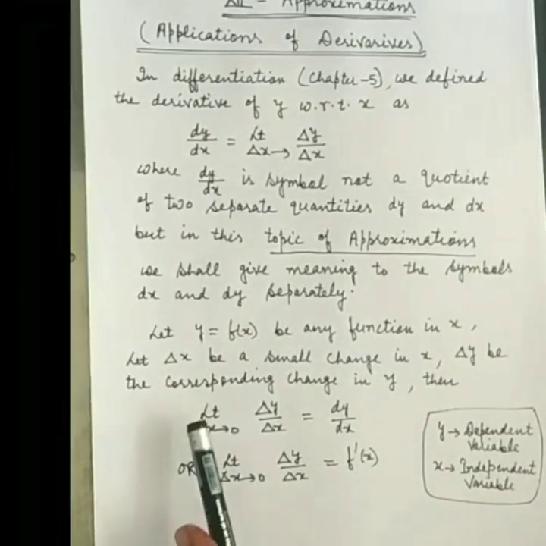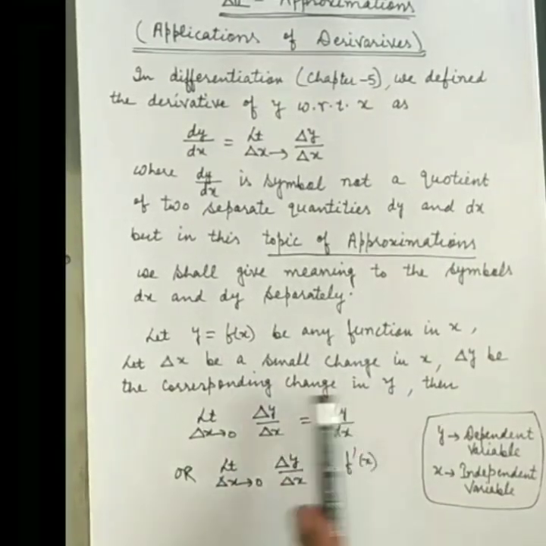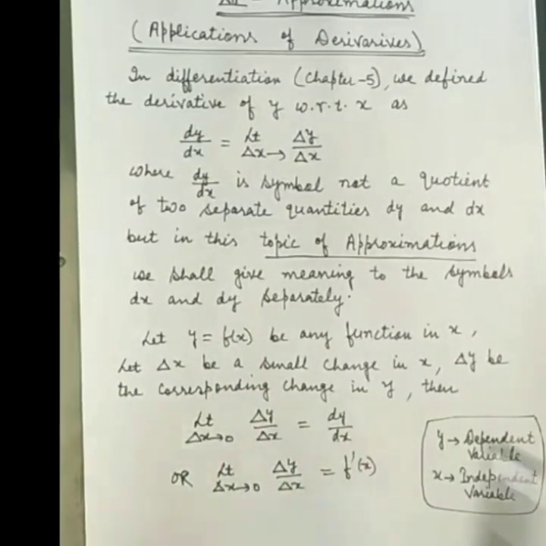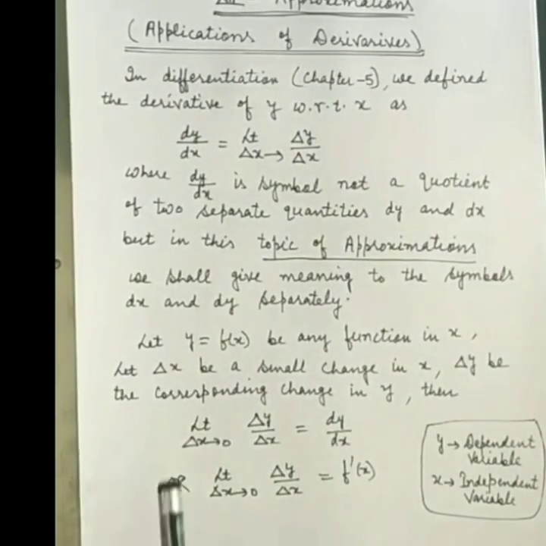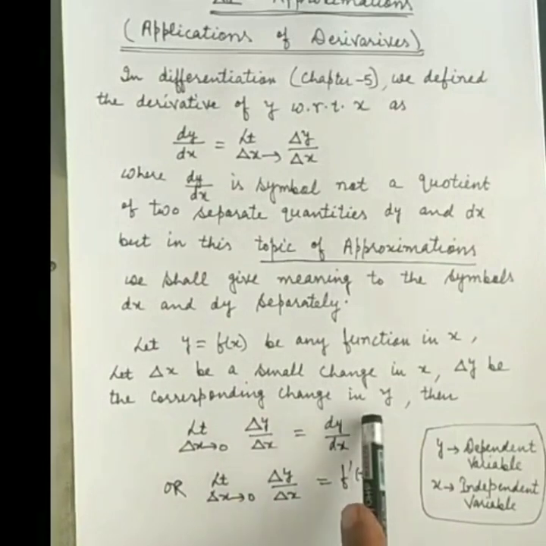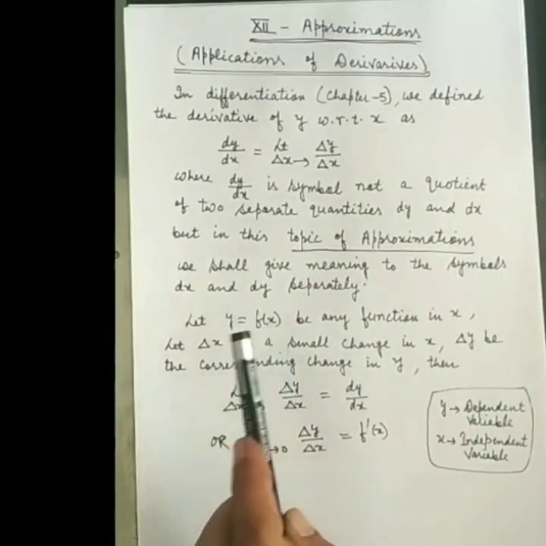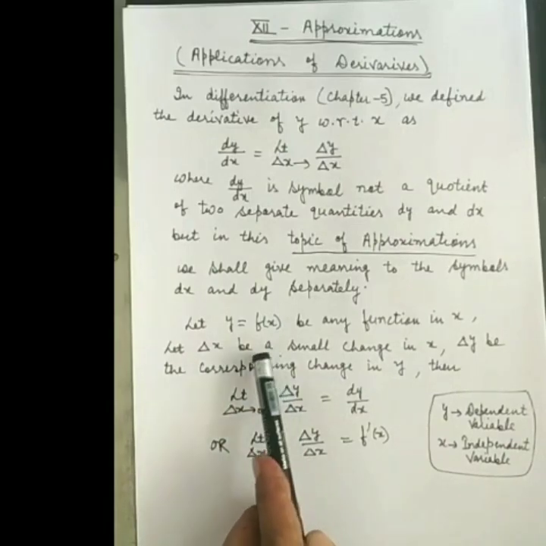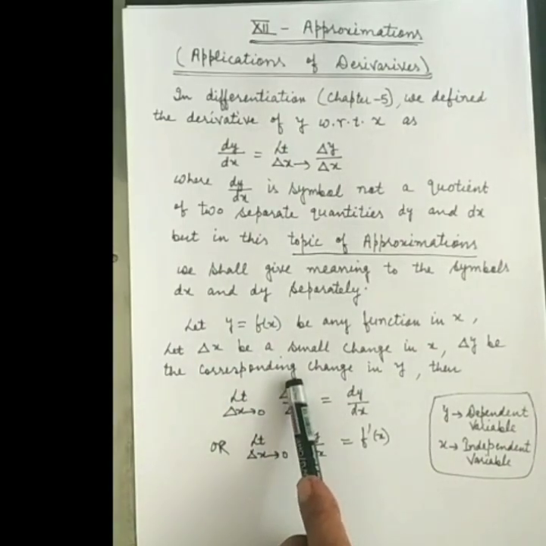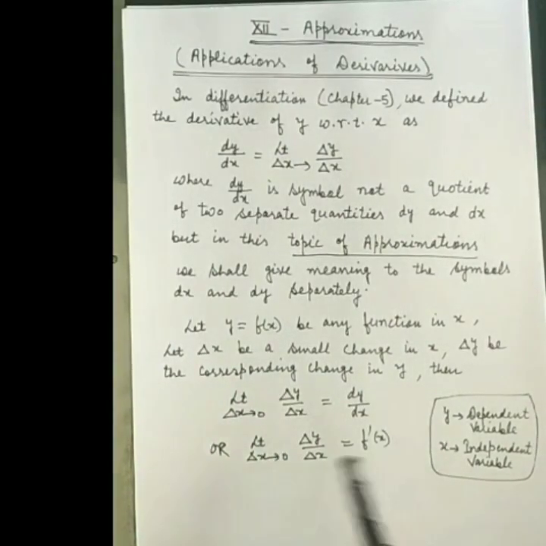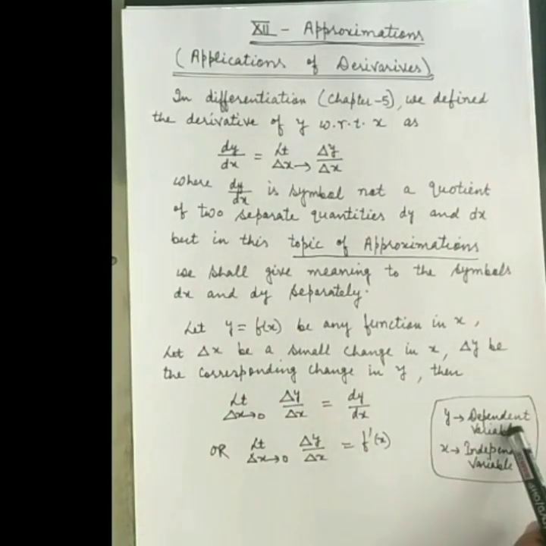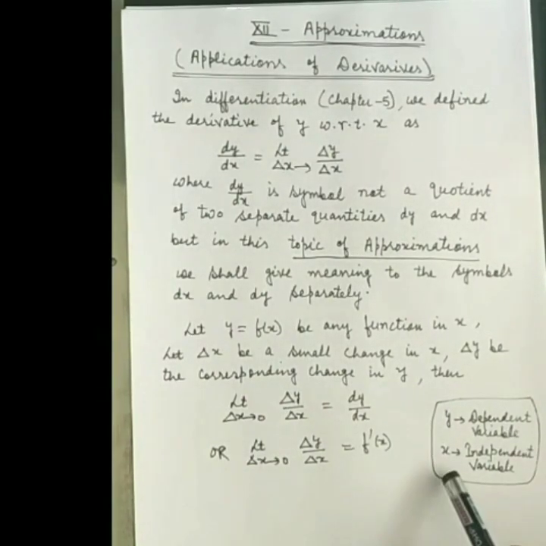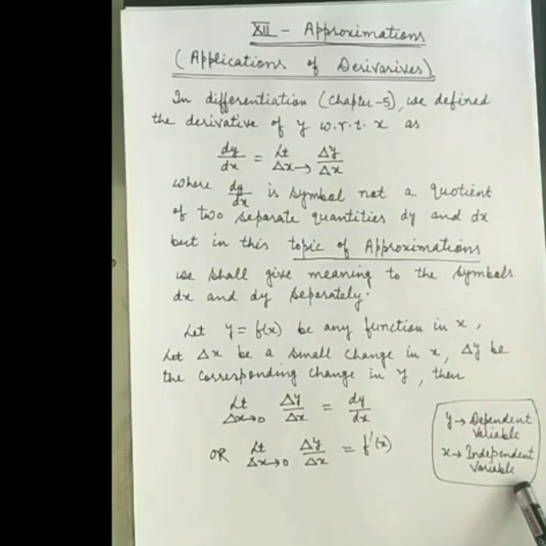Here I have written corresponding change in y. What does it mean? That means the value of y changes according to change in x, because y is a function of x. So y is the dependent variable and x is the independent variable.